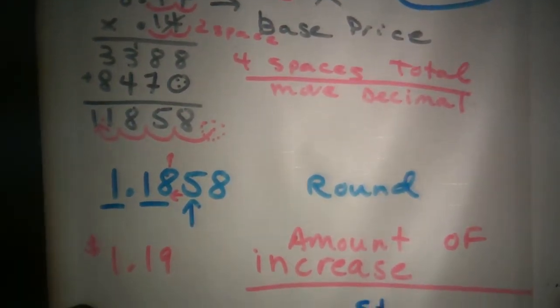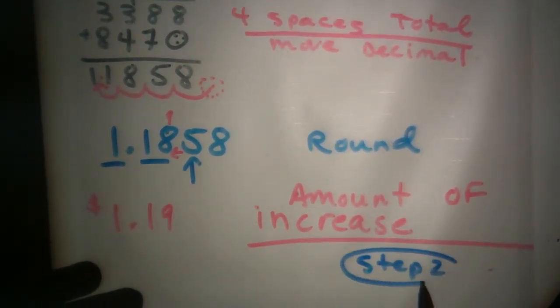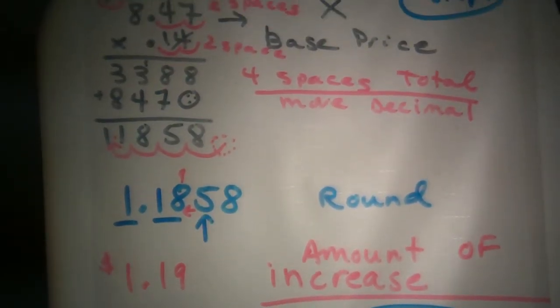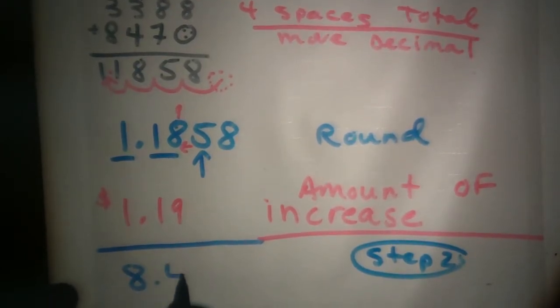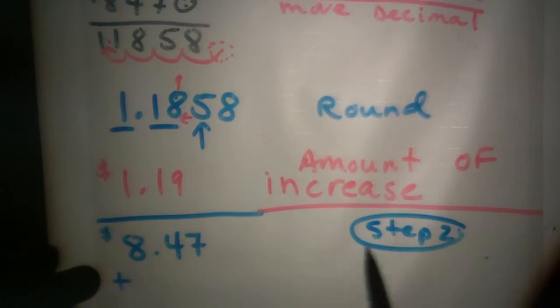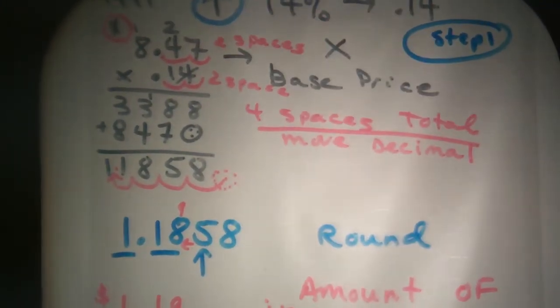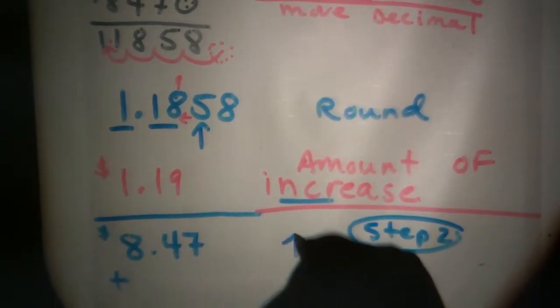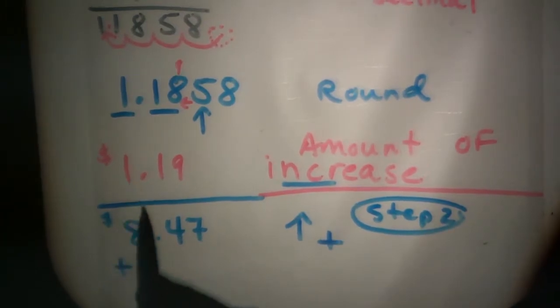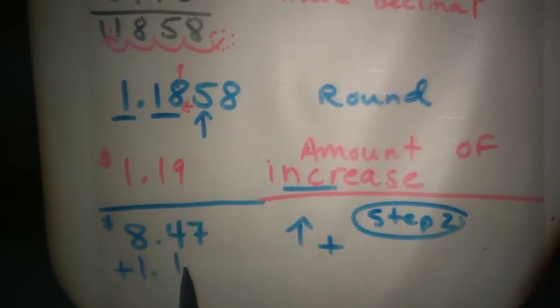Now we go to step 2. We take our initial base price, which was $8.47. We add, because it's an increase, our stock went up. Increase means we're going to add the amount of the increase, which is $1.19.